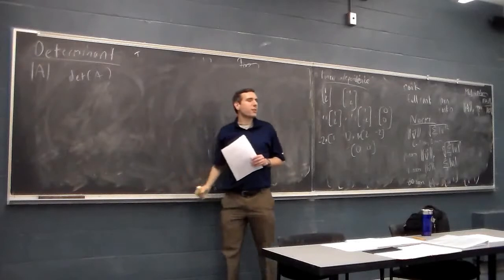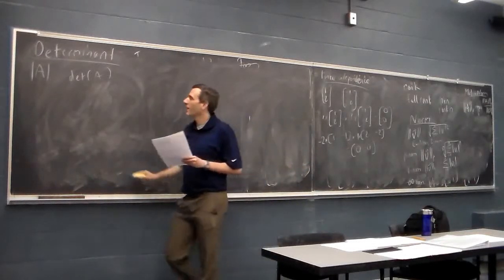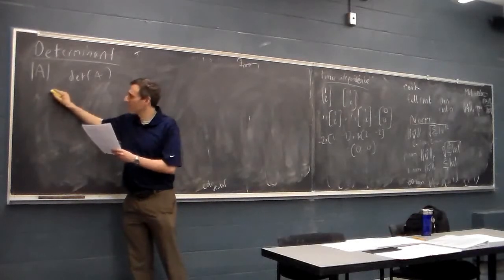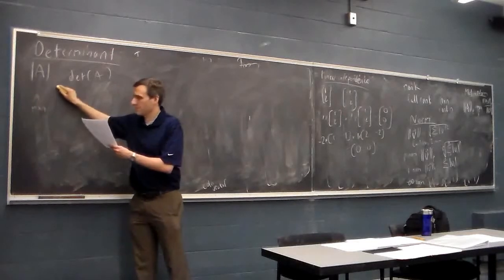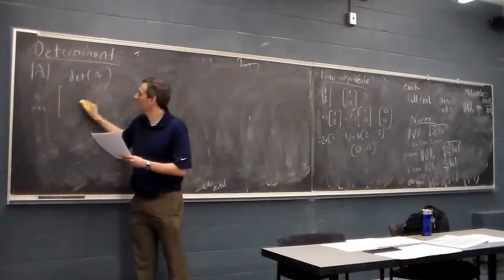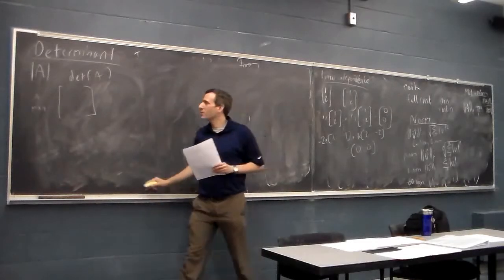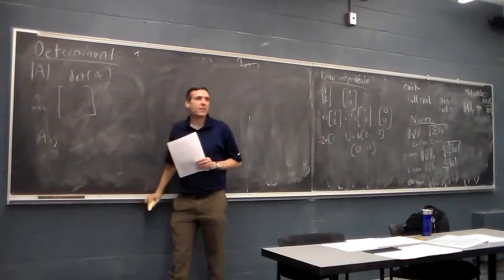And to explain a determinant, I need to explain a concept of a submatrix. So if we've got a matrix A, and let's just say that A is m by n, then we can define a submatrix of A, let's call it A sub ij.